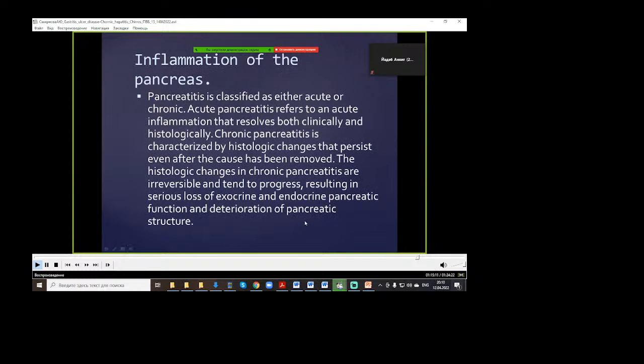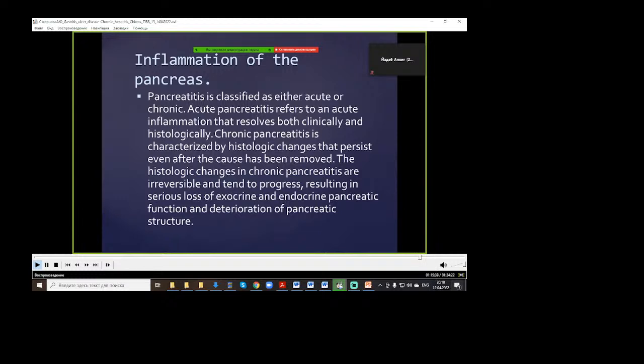Inflammation of the pancreas is called pancreatitis. Pancreatitis is classified as either acute or chronic. Acute pancreatitis refers to an acute inflammation that resolves both clinically and histologically. Chronic pancreatitis is characterized by histological changes that persist even after the cause has been removed.